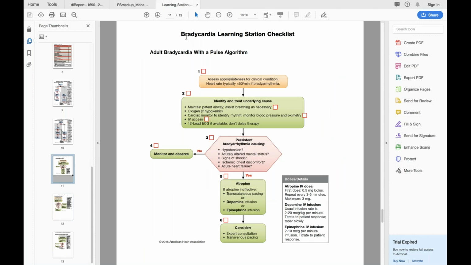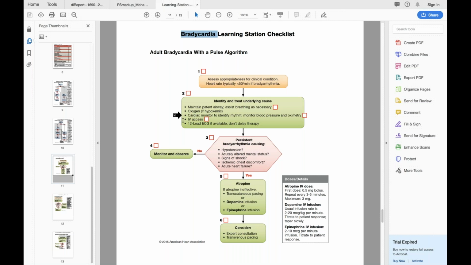Okay, so let's say bradycardia. In bradycardia, you need 1 person to maintain the airway open and give the patient oxygen. Two tasks he will do: maintain airway open and give oxygen. The second person will hook the cardiac monitor and give you a 12 lead ECG.